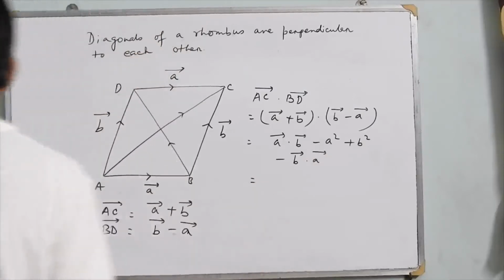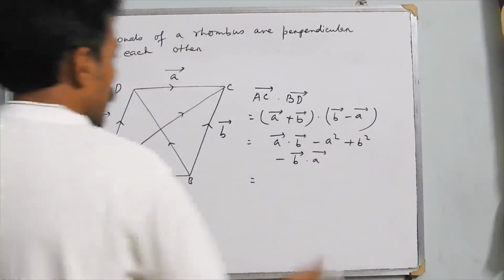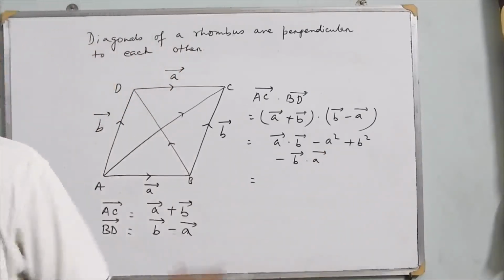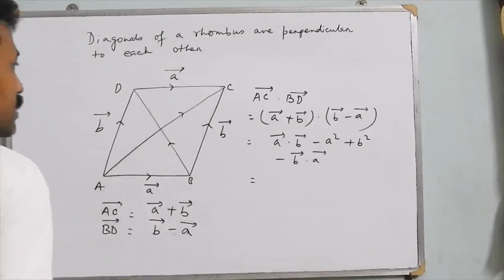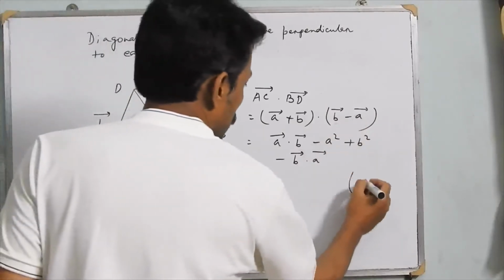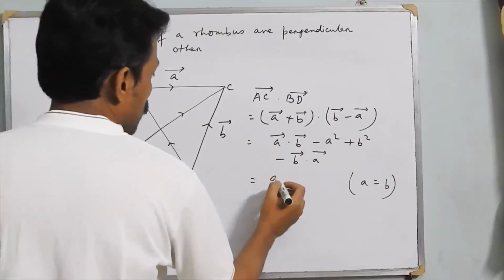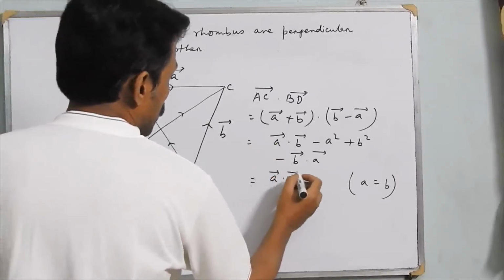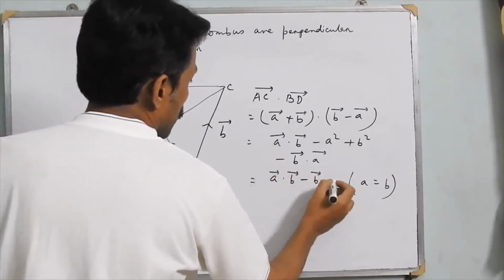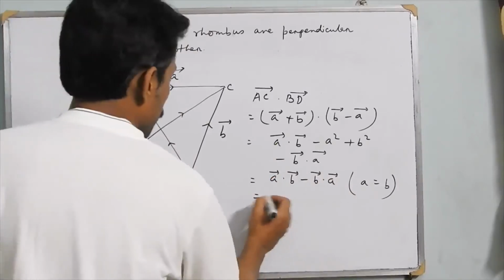As you know that the sides of the rhombus are all equal, so modulus of A and modulus of B are equal, so A square and B square will obviously cancel out. So now A dot B minus B dot A. Now as you know that A dot B is equal to B dot A, so this is obviously 0.